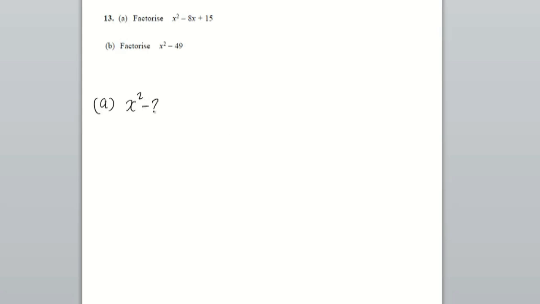Factorising. x squared, take away 8x, add 15. Pair of brackets, quadratics, pair of brackets. I'm looking for two numbers that multiply to make positive 15, add up to minus 8. If they add up to a negative, but they make a positive when you multiply, they must both be negative.